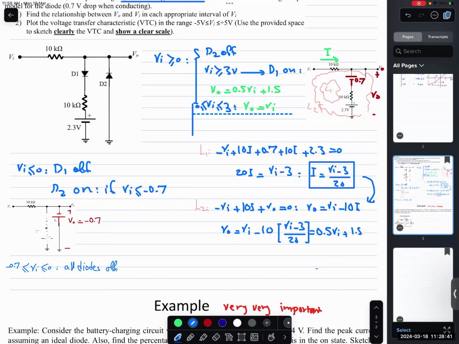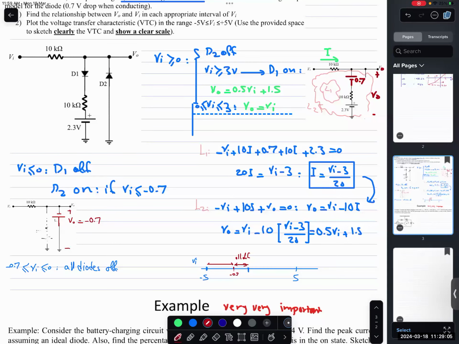So in fact, if you want to write the regions, let's say the input Vi is between minus 5 and 5. If the input is less than minus 0.7, D2 is on and D1 is off.